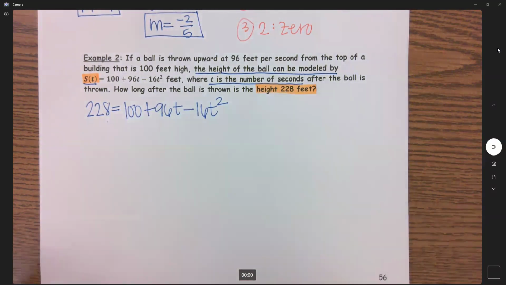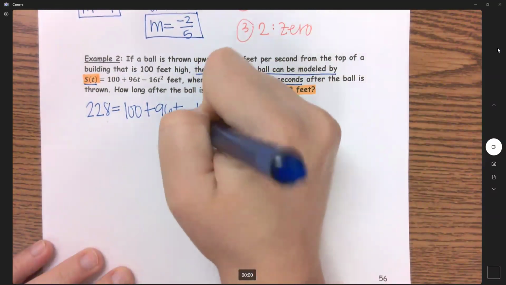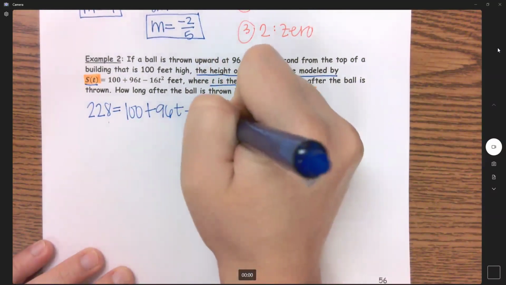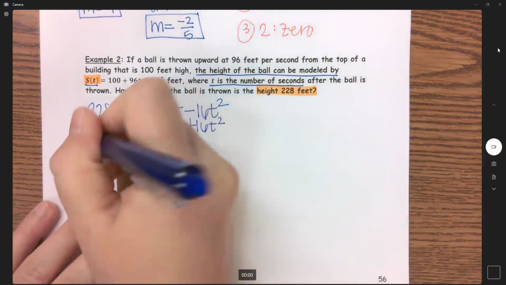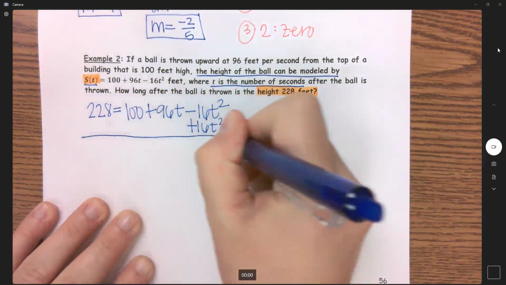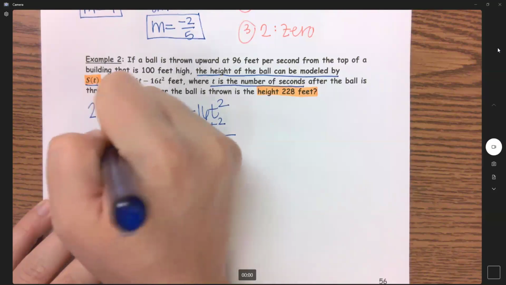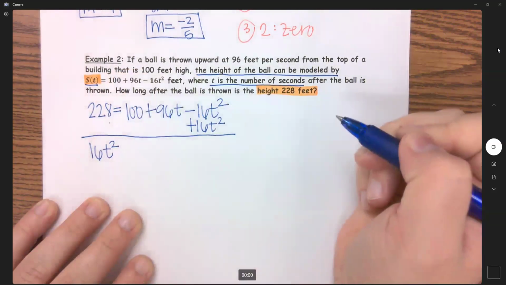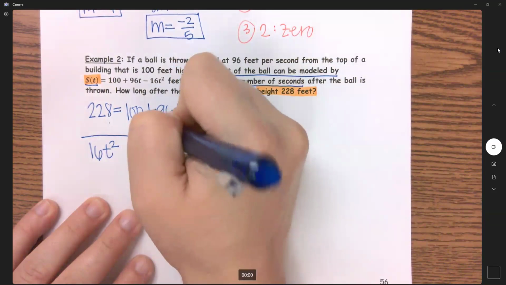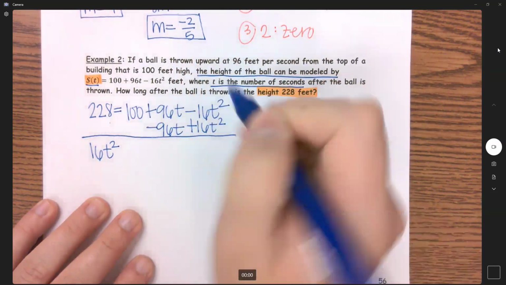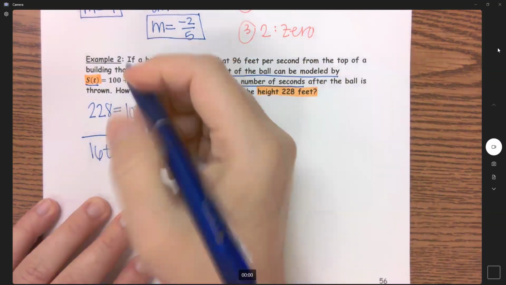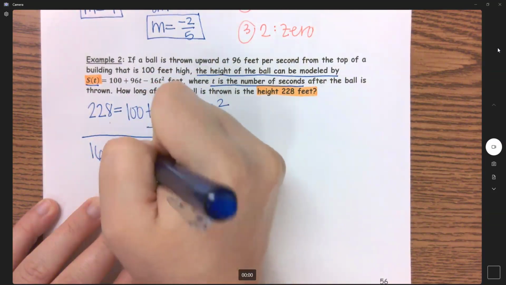So I will add 16t squared over to this side, which will give me positive 16t squared. I will subtract 96t over. I have nothing to combine that with, so that's just minus 96t.